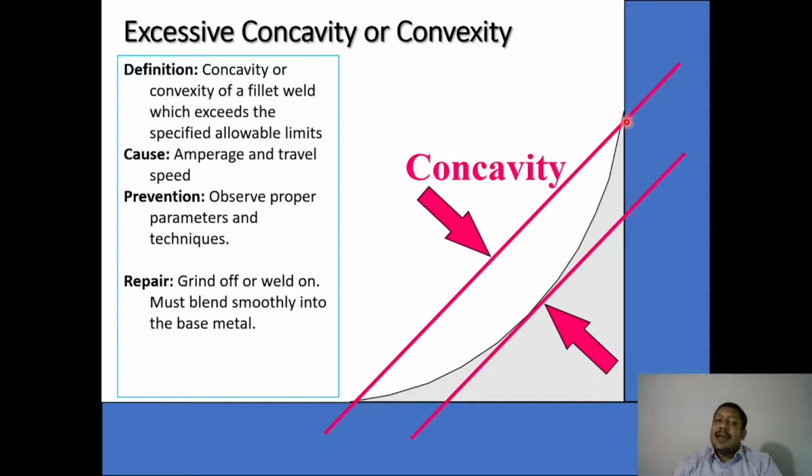Normally amperage and travel speed matter. Low travel speed or high current will normally cause this kind of concavity defect in welding. So you have to use proper parameters and proper technique to ensure you get a proper weld with proper concavity.